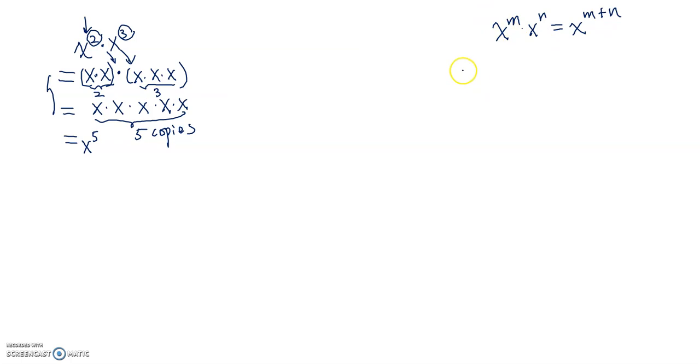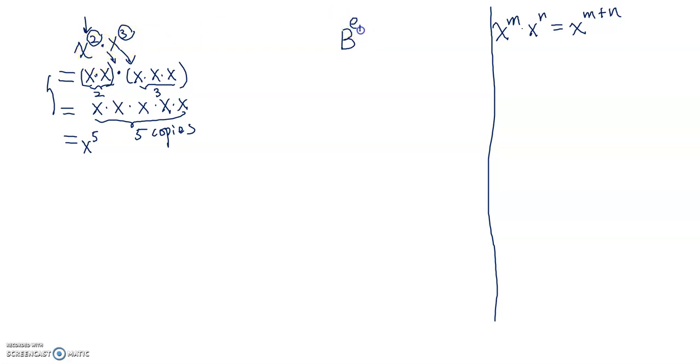But I can change the symbols a little bit to make it a little easier for us to memorize this formula. So what we're going to do is the base x, it could be x or y, anything, but I'm going to use letter B to represent the word base, the first letter B of base. And exponent, I'm going to call it E, because we have 2 exponents.